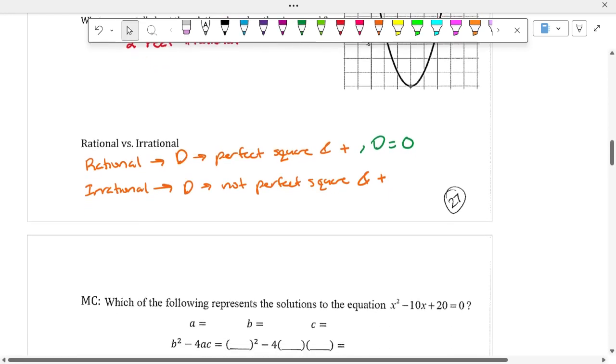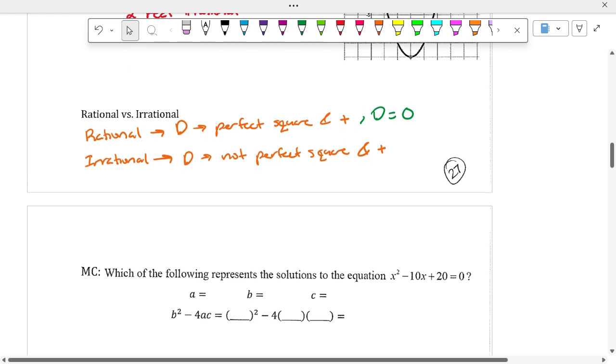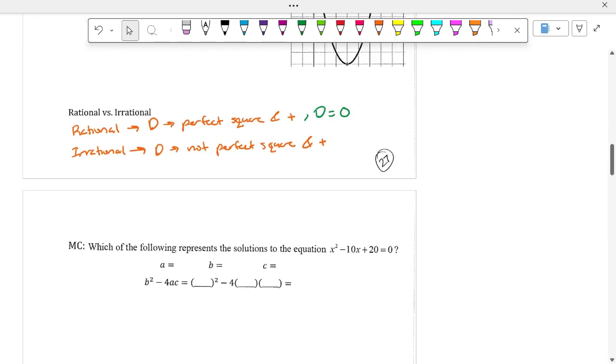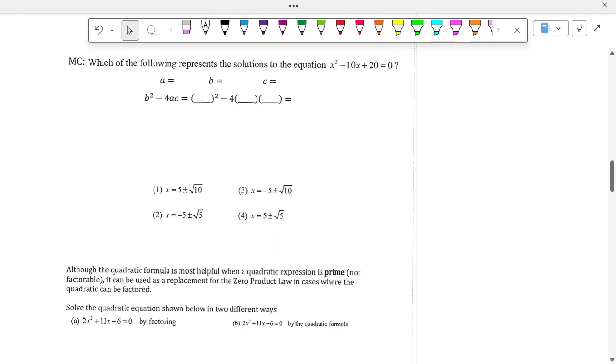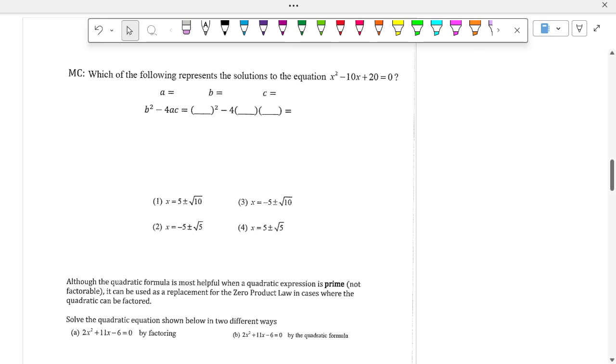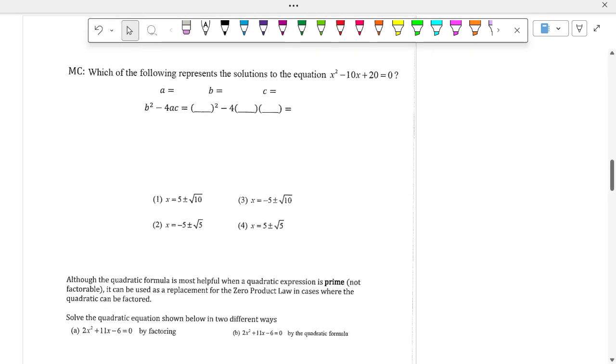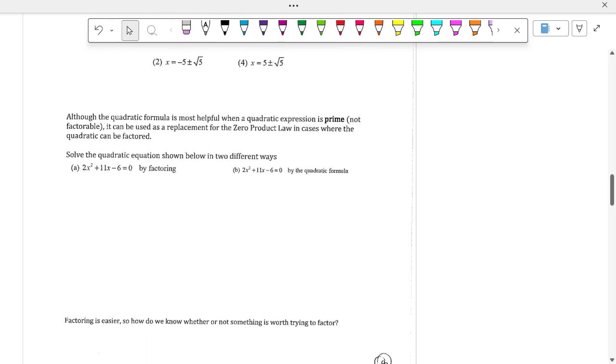All right. So we're going to skip the next one, but we're going to actually look at the quadratic formula.